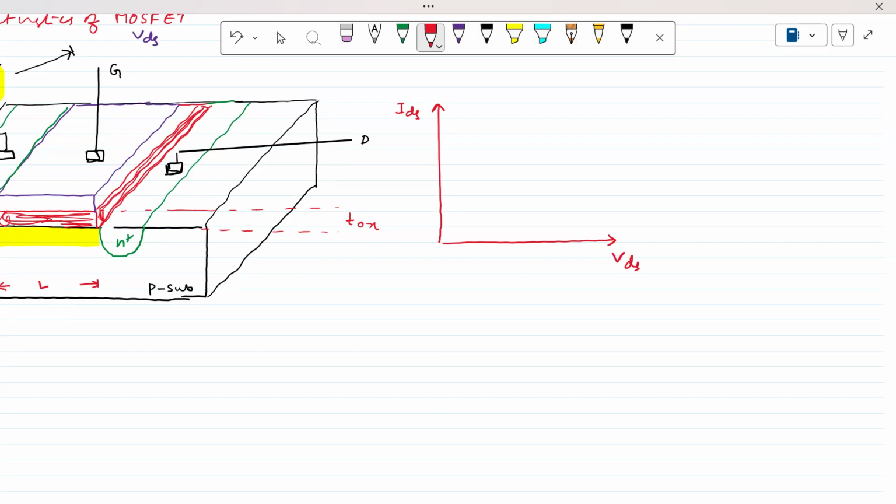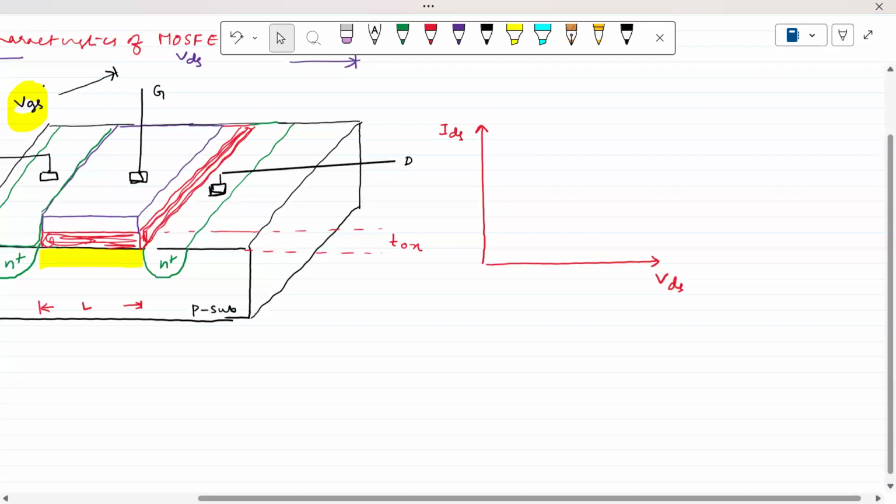We just would like to apply VDS and find the IDS. This is also called the output characteristics of the MOSFET.